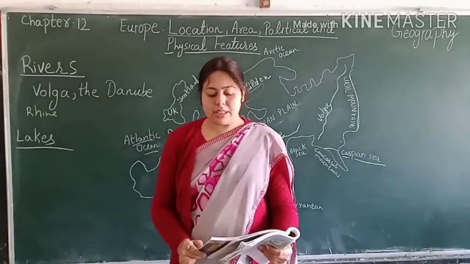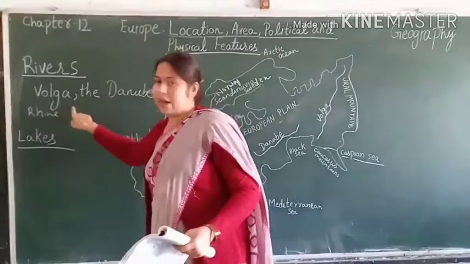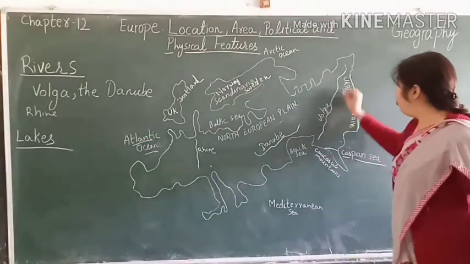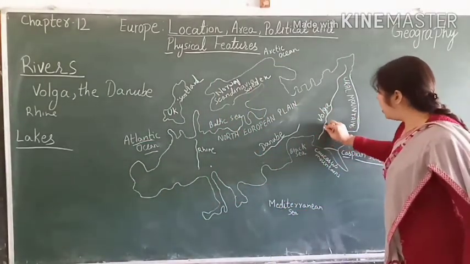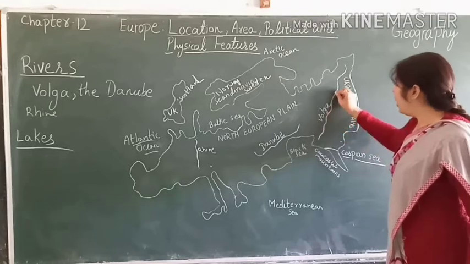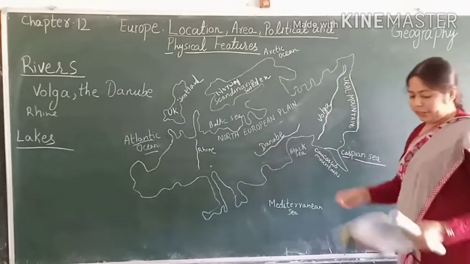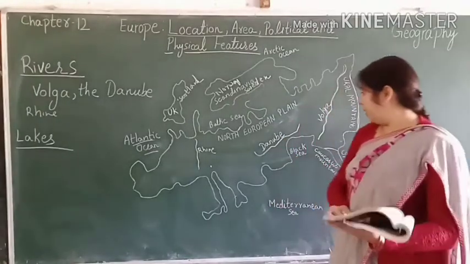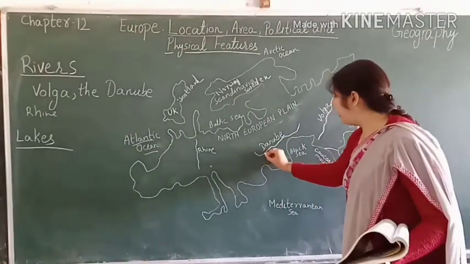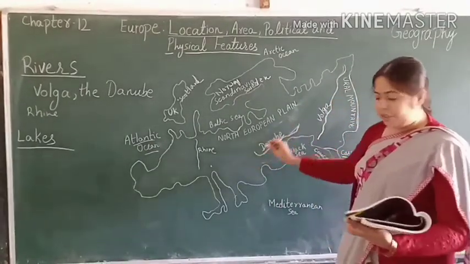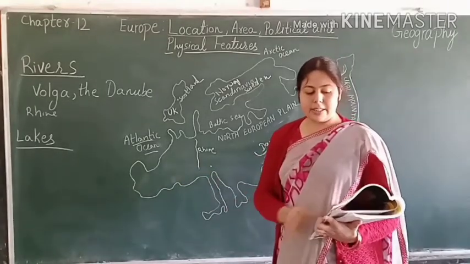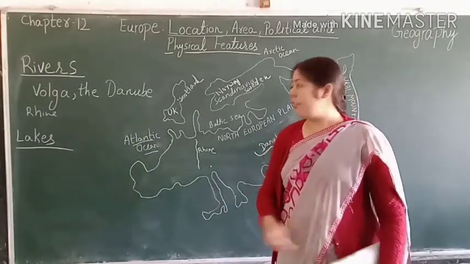Large rivers such as the Volga, you can see here is the Volga river, a large river which flows in Europe, the Danube, and here is the Danube river, and the Rhine flow through many countries and are considered international rivers.